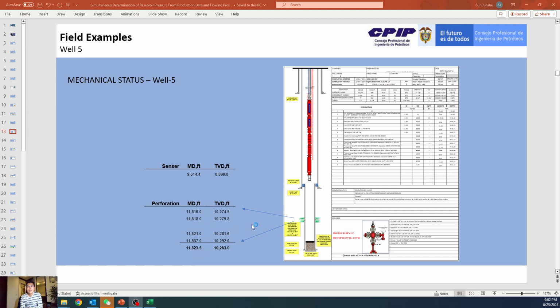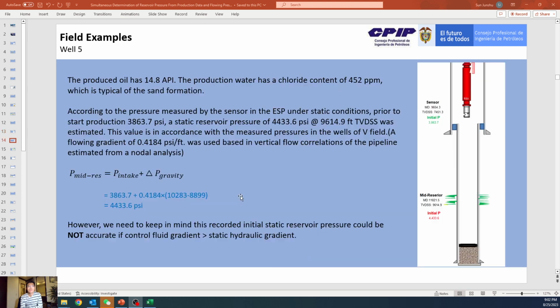So we can calculate the middle perforation to the sensor and then calculate the gravity between the sensor and the middle perforation.